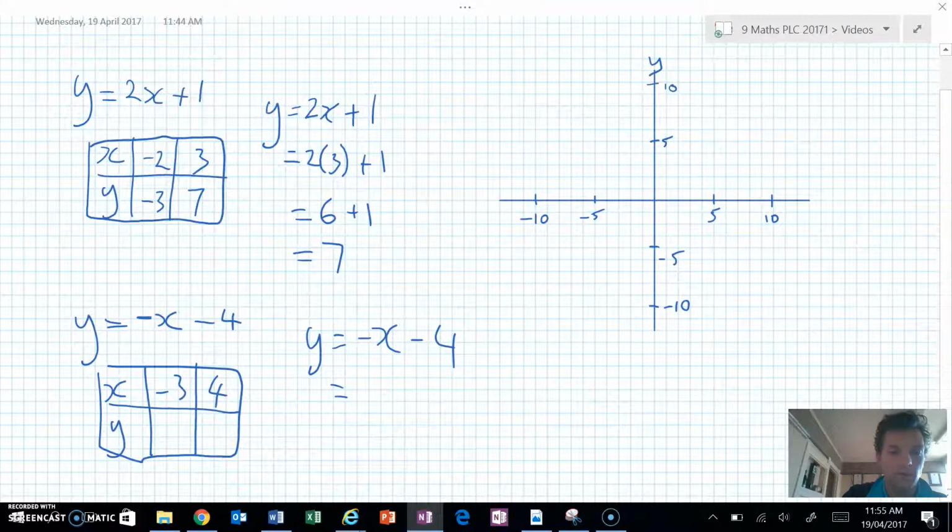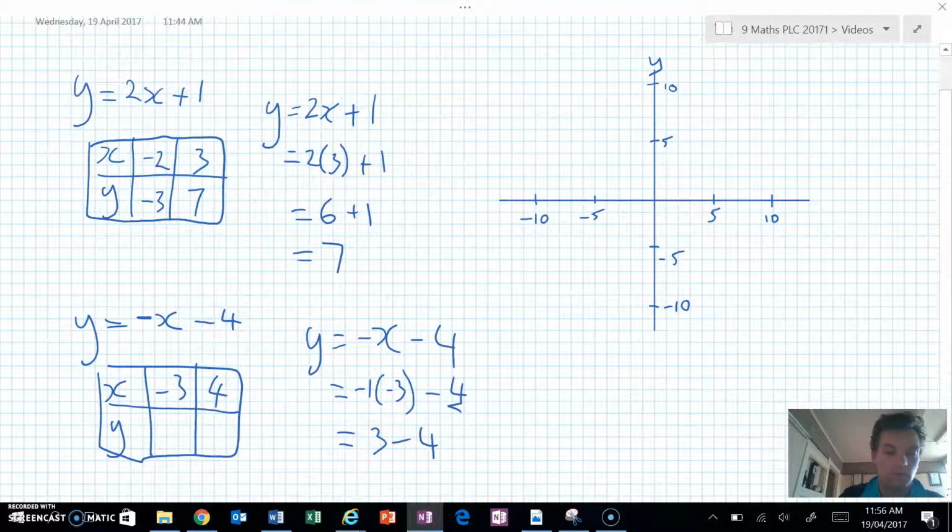So remember, when there's no coefficient out in front of the pronumeral, so no number in front of x, we could actually imagine that there was a 1 there, so it would be -1 times by -3. Okay, so that's going to be equal to +3 minus 4, so therefore y is going to be equal to -1.